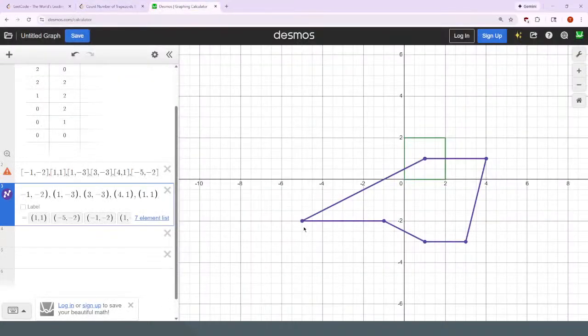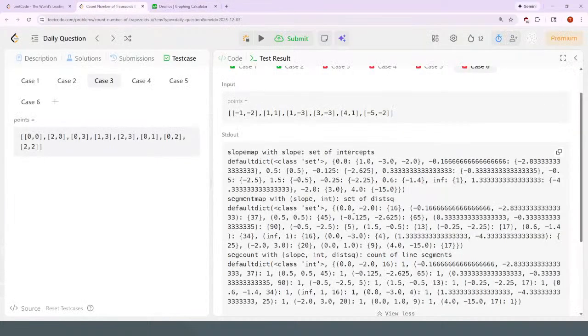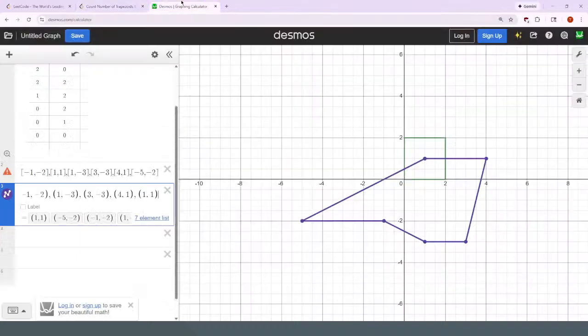Slope of -1/6 is, I think, here to here. -2.3. Sure. Slope of 1/2 is here to here, which is positive 0.5.